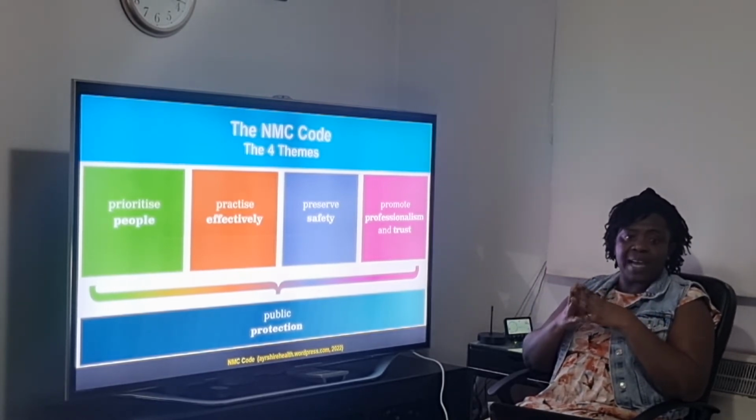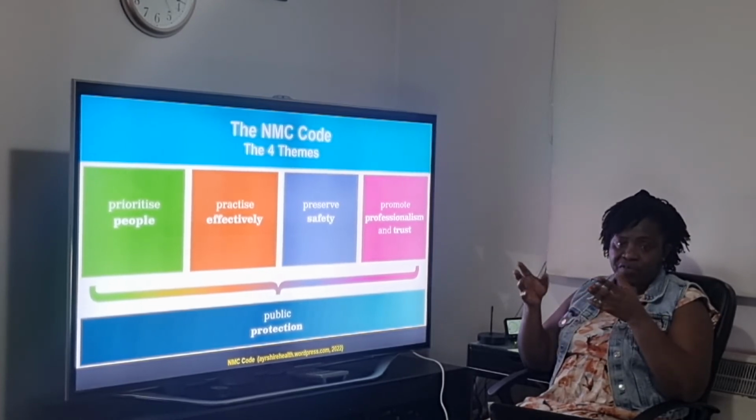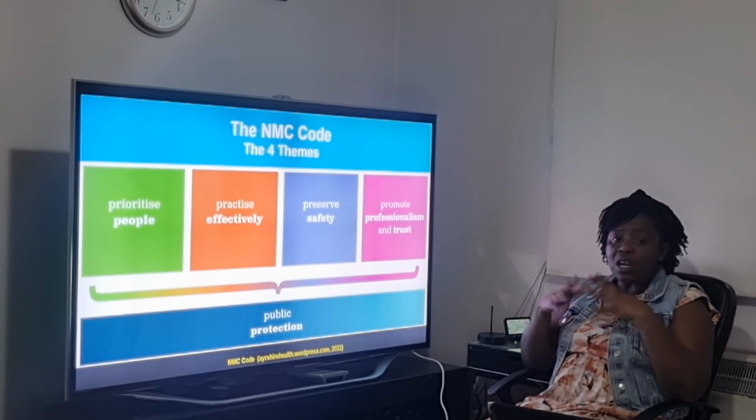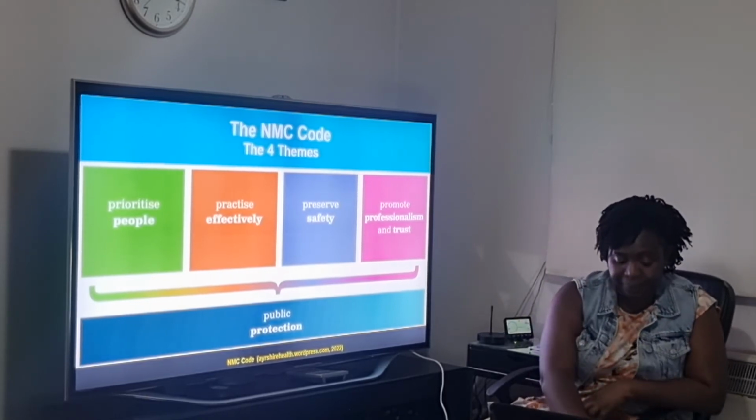This is ensured by nurses always maintaining and defending the reputation of nursing and midwifery, fulfilling all registration requirements, and adhering to the legalities of the settings within which they are working. This also includes cooperation with all investigations and audits to ensure the nurses' compliance.